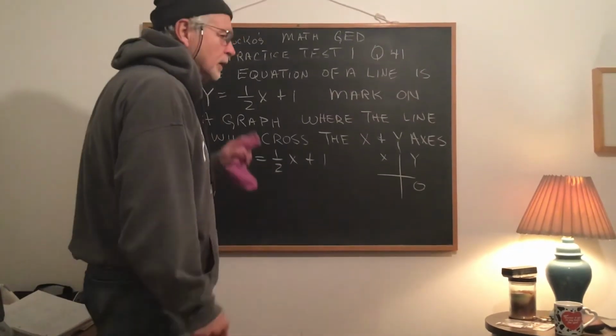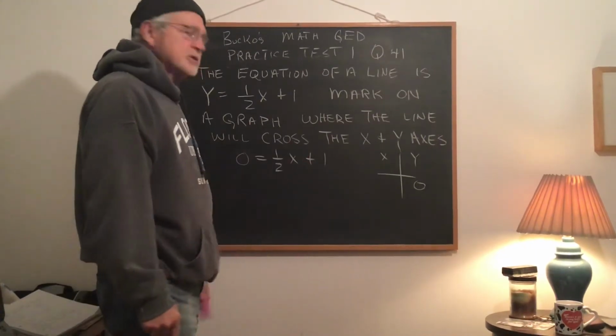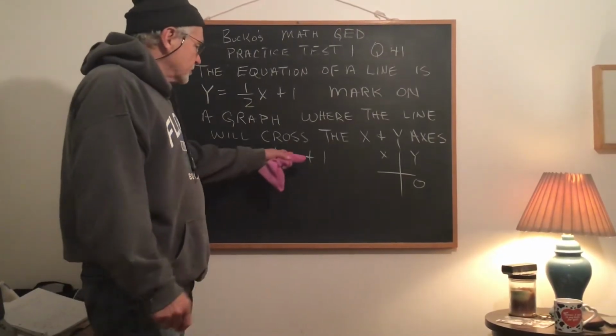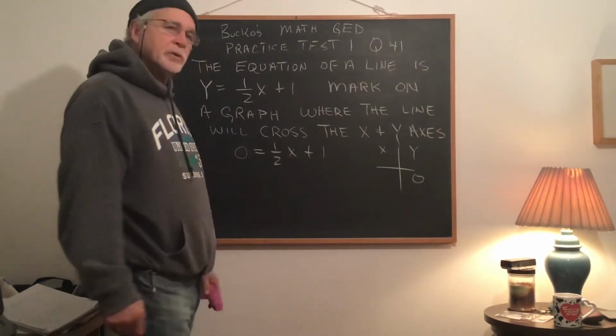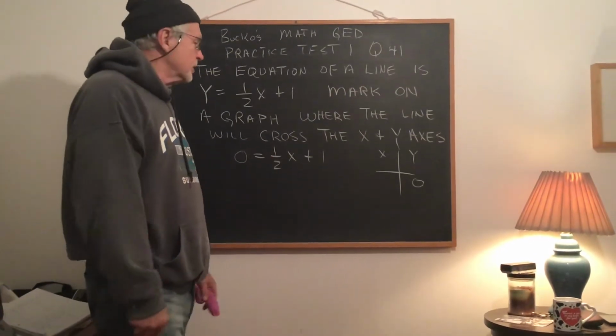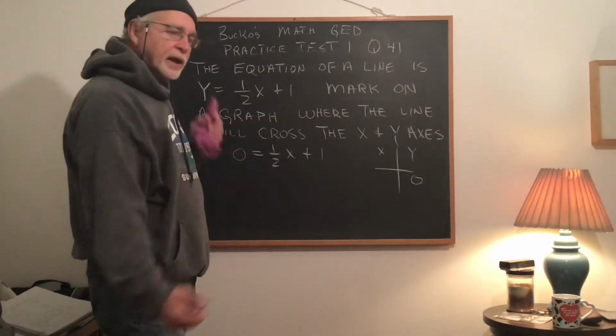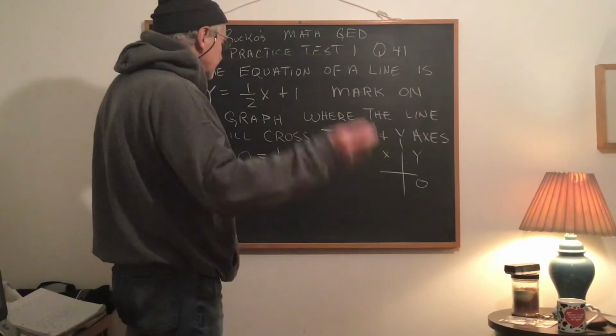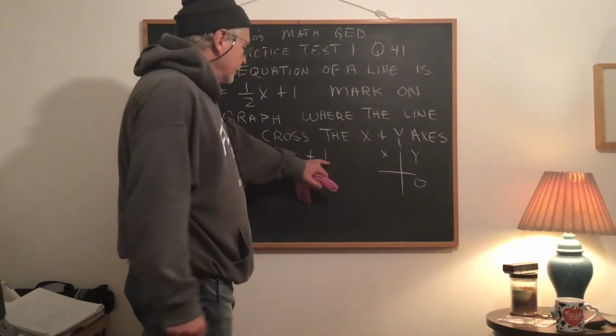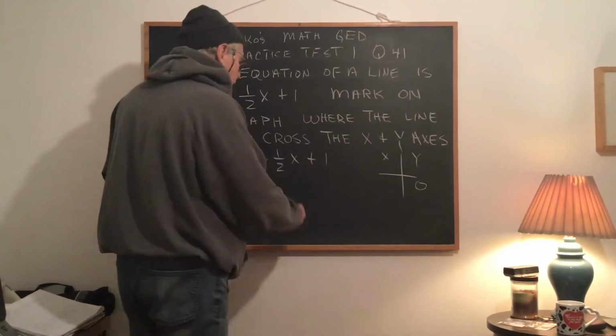Now, as always, I want to get x by itself. That's the only thing we don't know there. We got 0 here, we got 1 there, we got 1/2 there. We know all that stuff, but we don't know x. So we want to peel this away, like I've said before, down to the x by itself. Here's some tricks we do. This +1 is a sitting duck, so we're going to get rid of him right away.